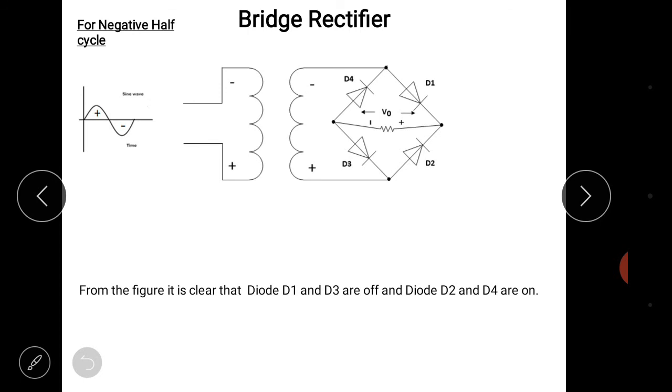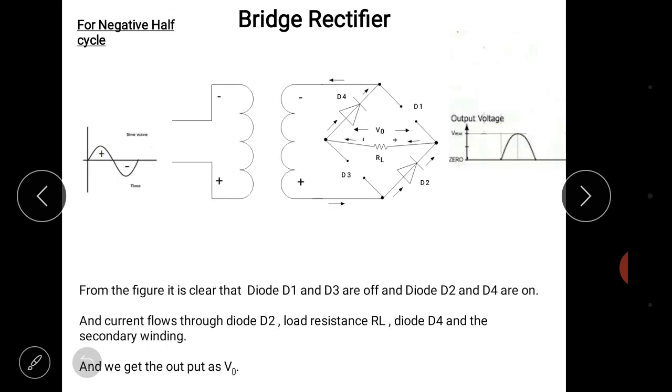Now let us investigate what will happen for the negative half cycle. The polarity is indicated in the diagram for the negative half cycle. From the figure it is clear that diodes D1 and D3 will be off in this case, and diodes D2 and D4 will be on. Now the picture is more clear.